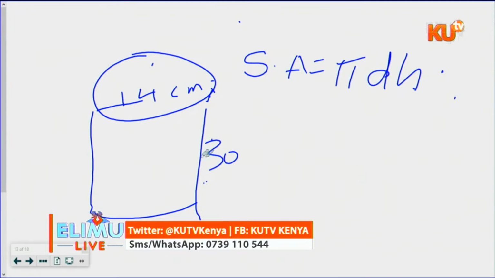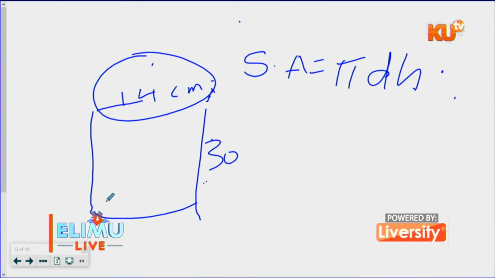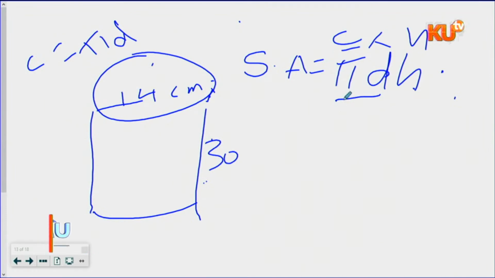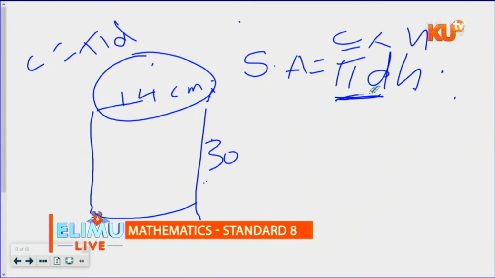I explained that it is the circumference times height. Therefore, we'll simply say pi d, because the formula for the circumference is pi d. So here we'll say circumference times height, where the circumference is replaced by pi d. So we say pi d h.